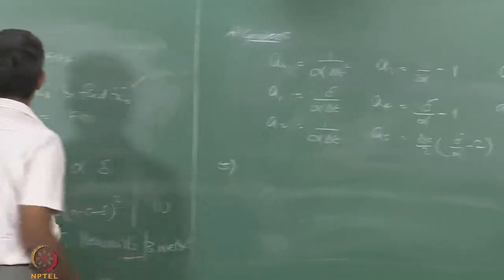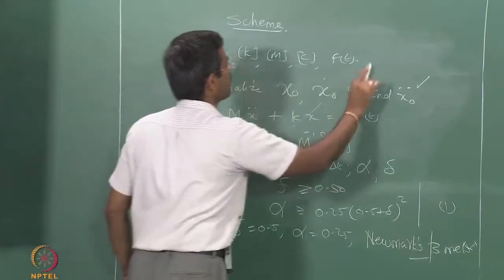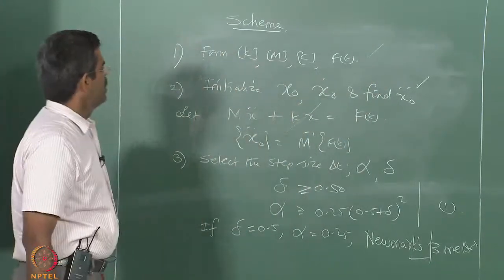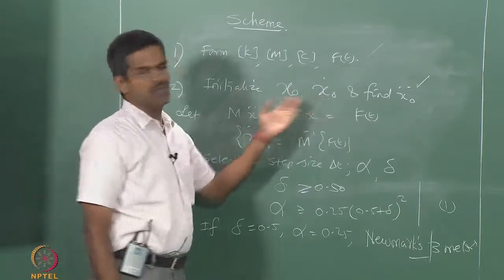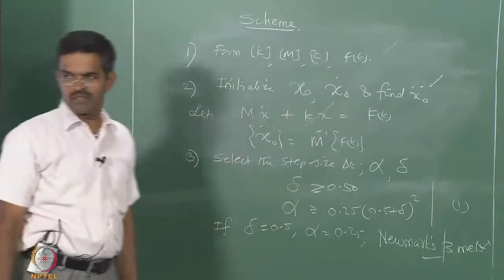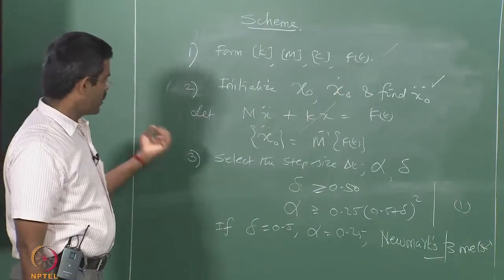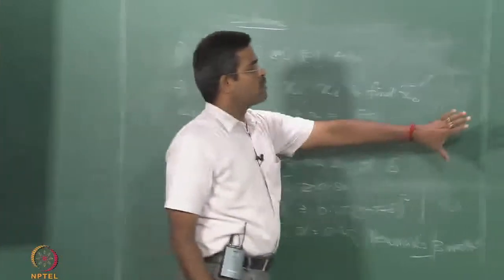Step number 5. So, till now for a given equation of motion, step number 1 is computed, then you can initialize these values, assume them as 0 because that is how we generally do for free vibration analysis also, and one can compute x double dot naught, then one can fix up the scheme and find out these constants.